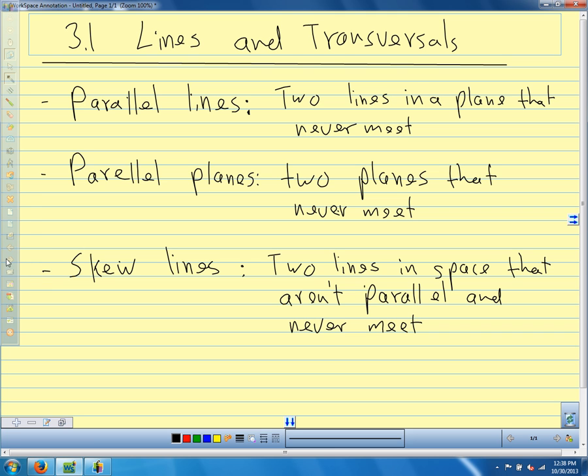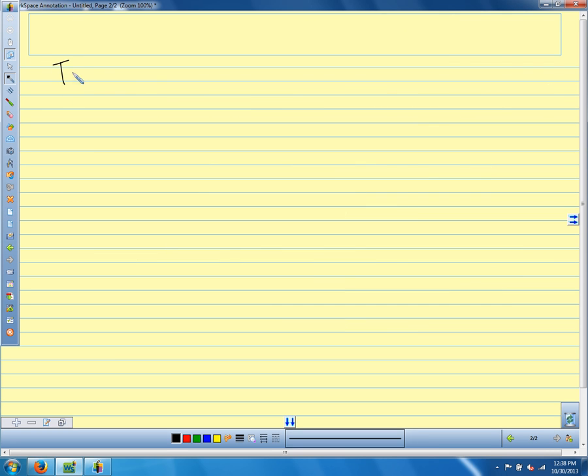So a transversal, so we know what that word means, and you could add that to the front or the back, your choice where you want to put it. A transversal is just a line, a ray, or a segment that intersects two other lines.